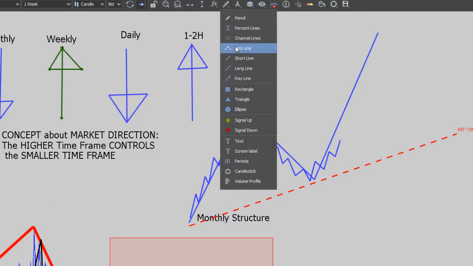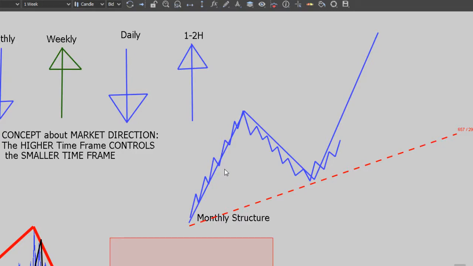So what you are going to have, everybody, on the weekly chart, you are going to have structure, right? High, low, high, low, high, low, high, low, high, low, high.